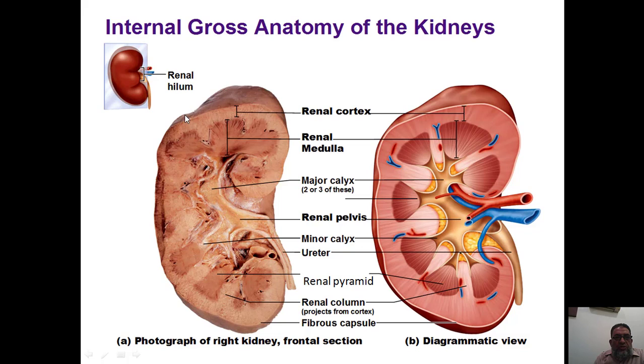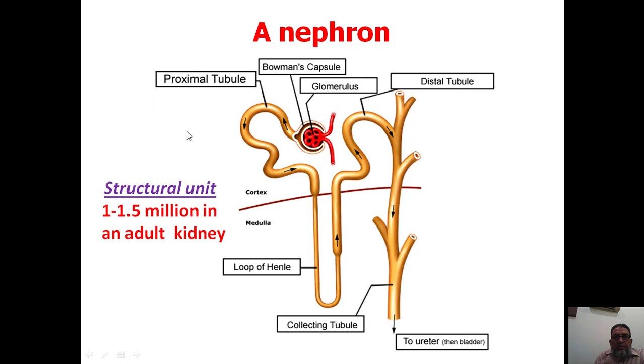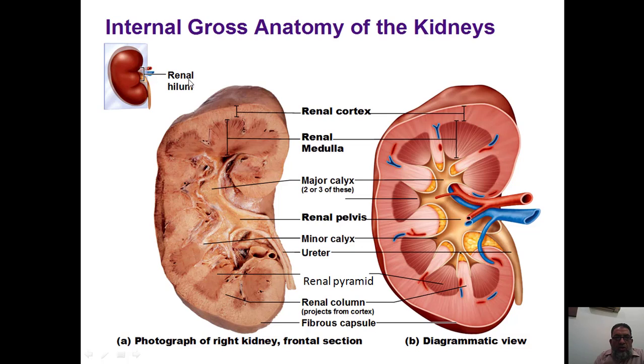The outermost is the cortex, then the medullary region, which is innermost. The cortex invades in the form of a renal column. In between are the medullary renal pyramids, triangular shaped and conical, having an apex. The apex opens into the minor calyx. The minor calyx leads into the major calyx and then into the pelvis.